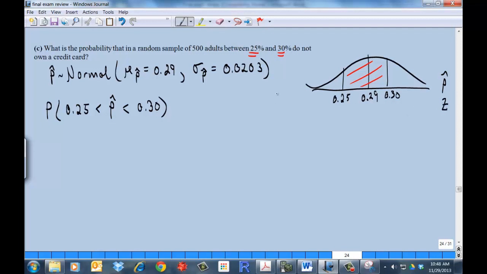We have to convert that into a standard normal using the z-score, p hat minus mu p hat over sigma p hat. We've got two of these boundary points we have to convert.